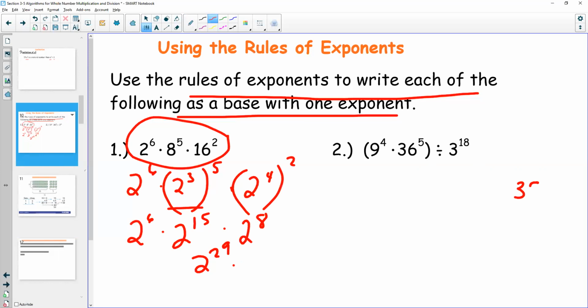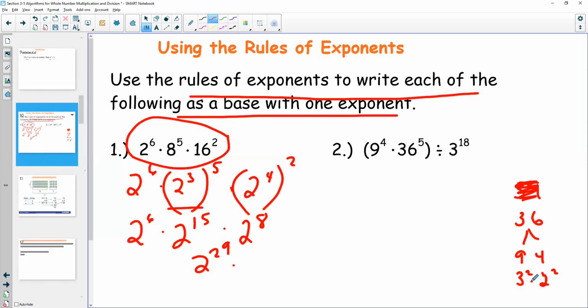So 36 is a number with, oh gosh, and I wrote 39. I don't mean that. 36 is a number with factors, right? Is there a way to get a factor that I could get a base of 3 out of? Well, I could rewrite 36 as 9 and 4, right? And that would be 3 squared and 2 squared. So maybe I'll use that instead of 36 because it's equivalent.